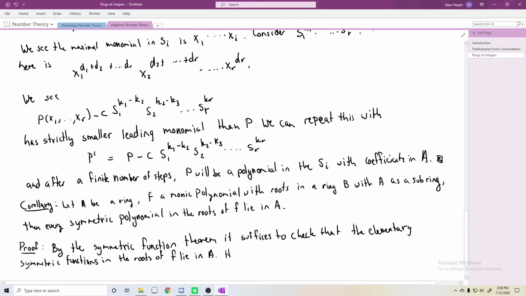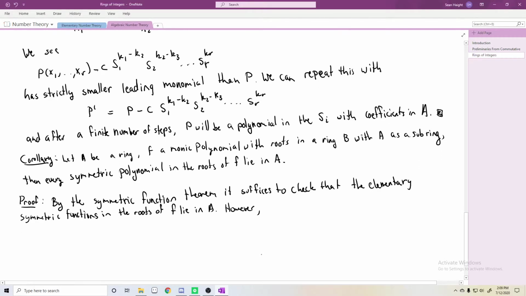However, okay, let's say F factors like this over B. Let's say F(x) equals this guy, the product of (x minus alpha_i).